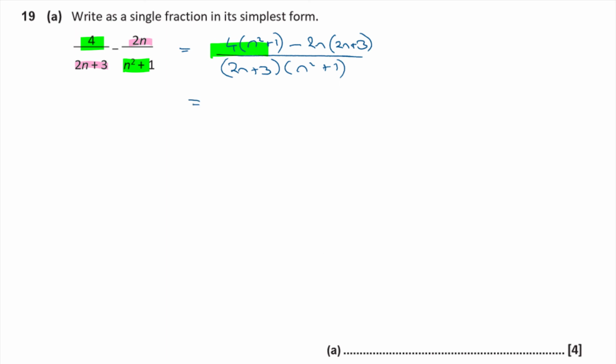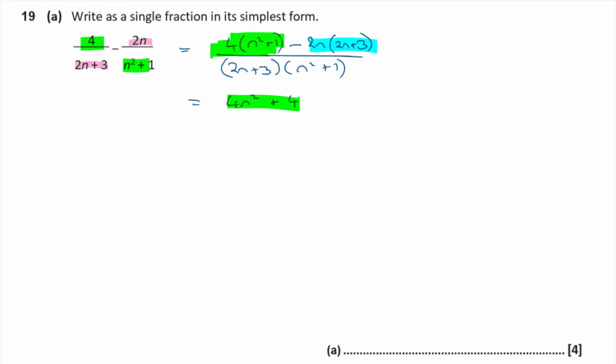So I'm multiplying out the various parts of this expression. First off, 4 lots of n squared plus 1 is equal to 4n squared plus 4. Okay, so that's the green bit. And then I'm going to minus this bit here, aren't I?